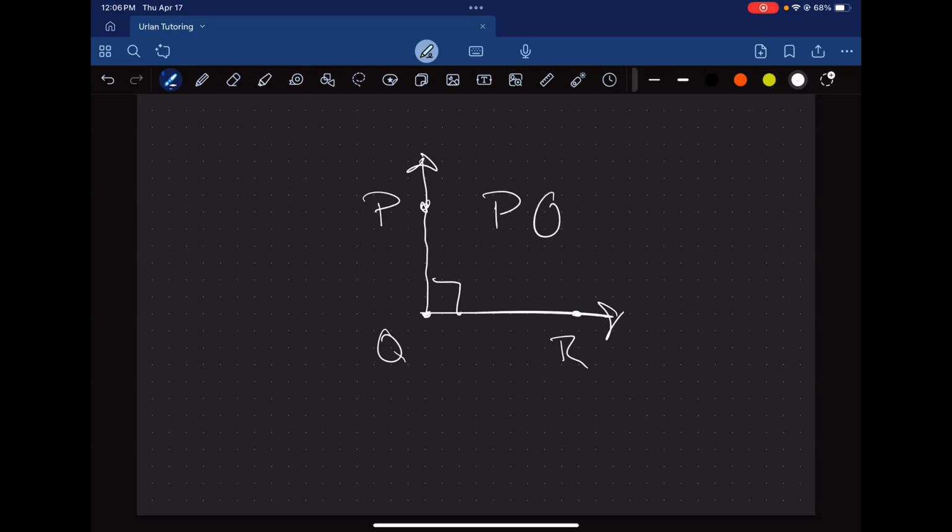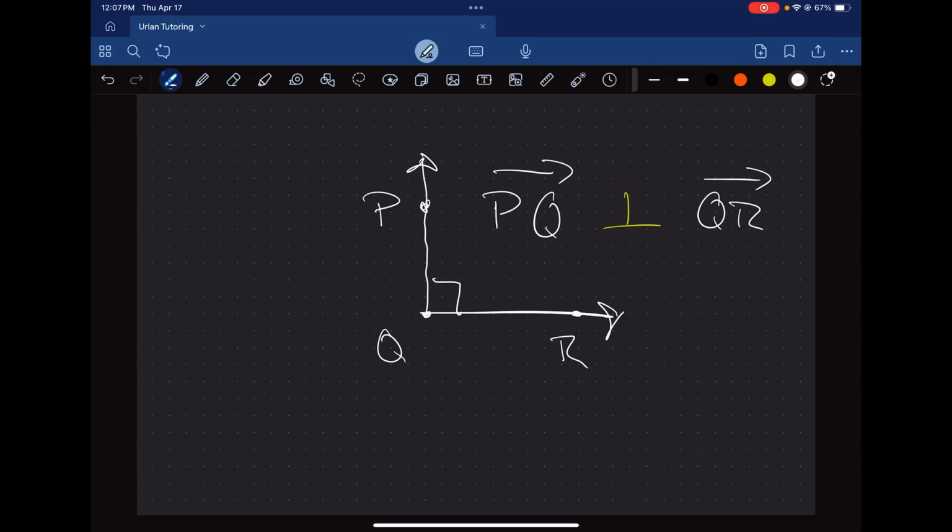If I was going to write that, I'd write it like PQ, line segment. This means line segment or ray is perpendicular. I'm going to write that in yellow just to show you the different symbols here: PQ is perpendicular to the line segment QR. These line segments or rays are perpendicular to each other.